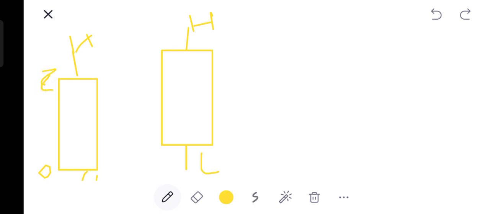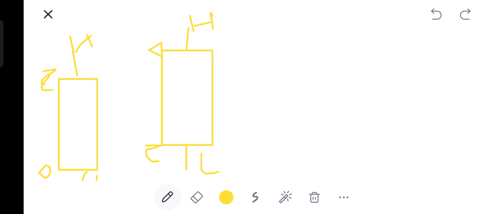The sell candlestick opens from the top here and closes at the bottom. That's how you spot a buying candlestick, and also with the highs and the lows, which determine whether it's going up or going down.